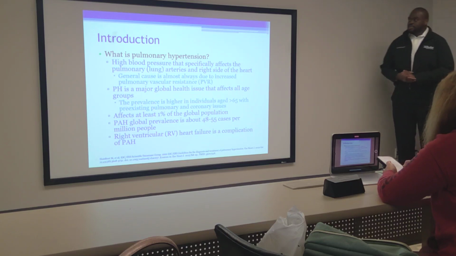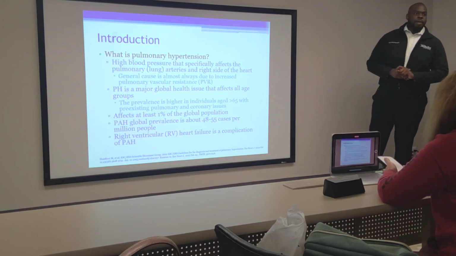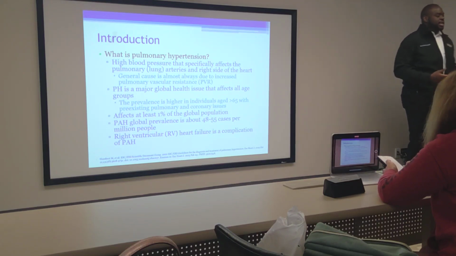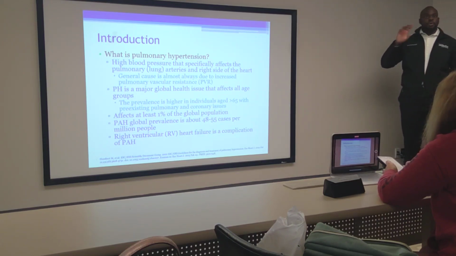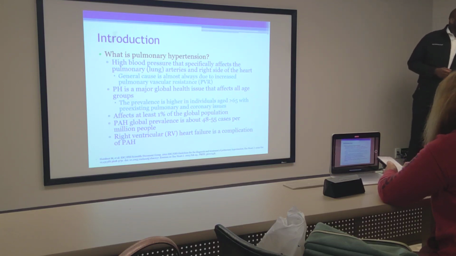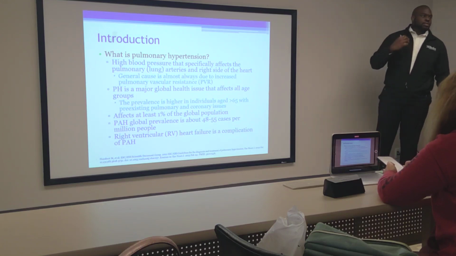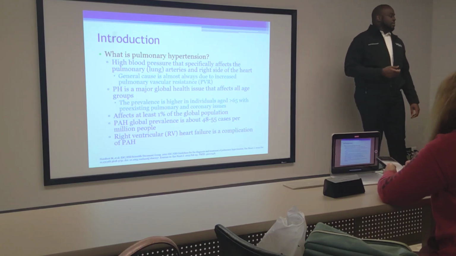All right. So first, what is pulmonary hypertension? That is high blood pressure that specifically affects your pulmonary arteries, in the lungs in this case, as well as the right side of the heart. Know that the general cause is almost always due to increased pulmonary vascular resistance, or PVR.